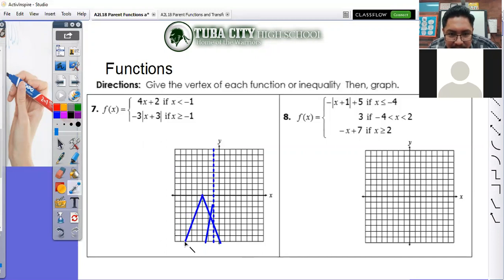And I'd have a second one on this side. That's what the whole thing would look like if I graph this. But it says only if x is greater than or equal to -1. So actually, I don't need that leg. And I don't need this much here either. So let me, where was that line at? All right, so I'm just going to try to mentally take a picture, and it's going to look like that.